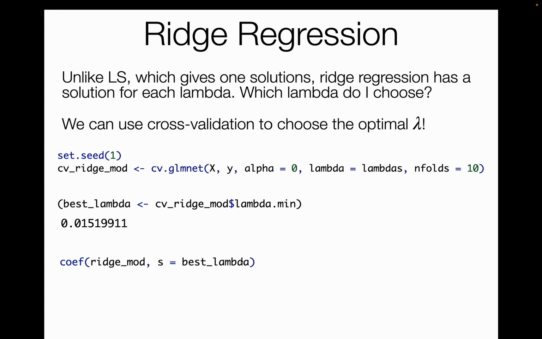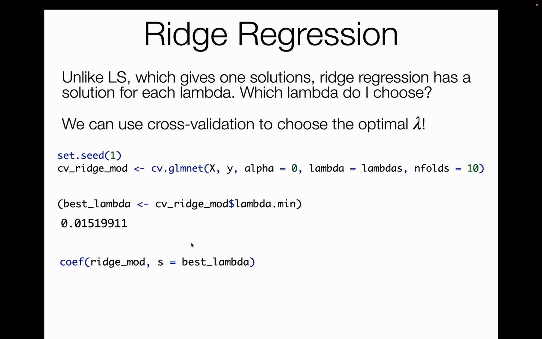Now, the question is, which one do I choose? We're not really going to talk about cross-validation in theory, but I am going to show you cross-validation. It is a way that looks at a bunch of different subsets of the model to choose the best lambda. I do that here by giving it all of the lambdas. There are these folds, and so on and so forth.